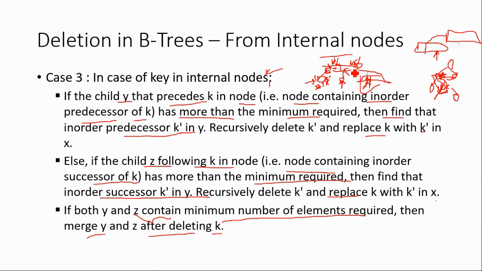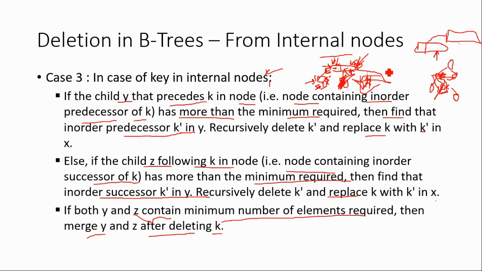If we have deleted an element from an internal node, and both the left child and right child contain the minimum number, then the best thing would be to merge both of these nodes' elements together.